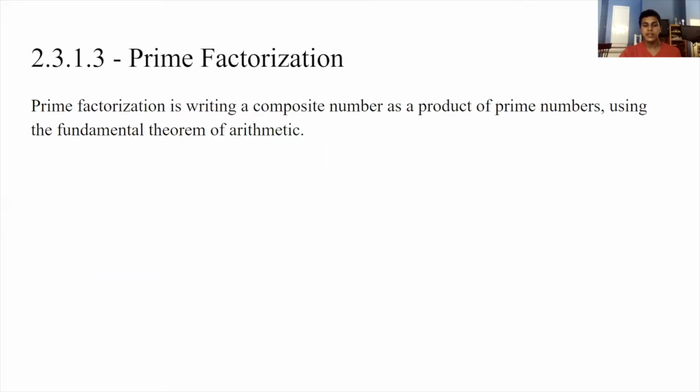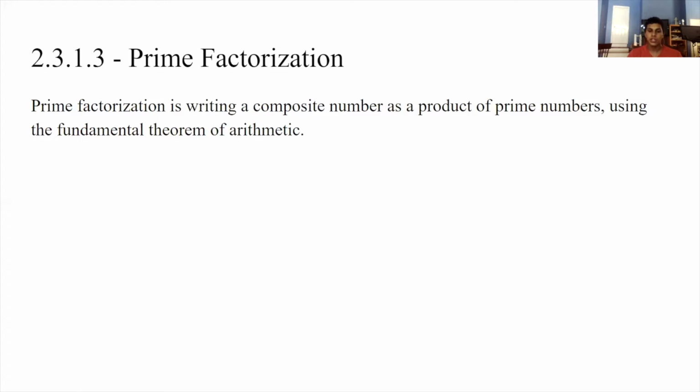So the next thing we need to talk about is prime factorization. Prime factorization is defined as writing a composite number as the product of only prime numbers using the fundamental theorem of arithmetic. So remember, the fundamental theorem of arithmetic tells us that any natural number greater than 1 can be broken down into a product of only prime numbers.